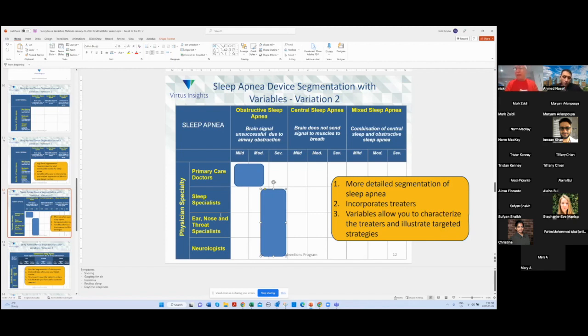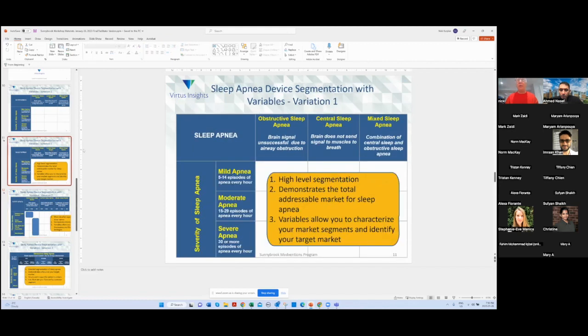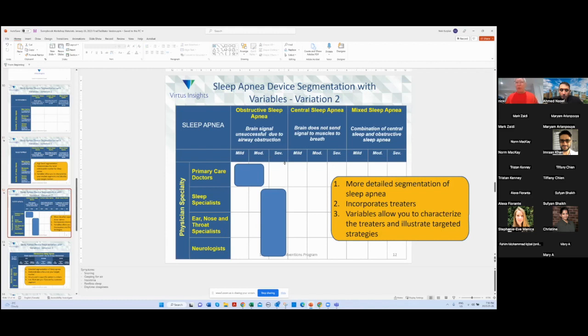I hope that's a great example, and that's well demonstrated in this market segmentation grid. And that's why some companies will do a high level, and then sometimes they will go into a deeper level because they want to be much more precise with their targeting and their strategies by understanding what type of patient are we targeting, a mild, a moderate, and severe, and therefore which physician group do we need to target and why.